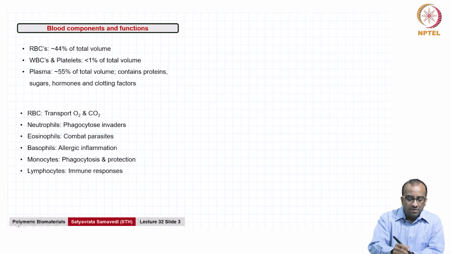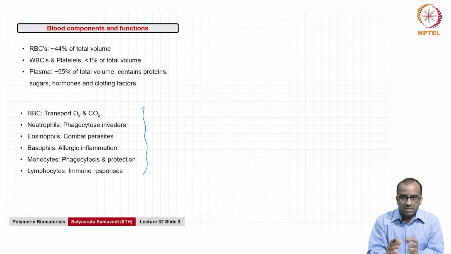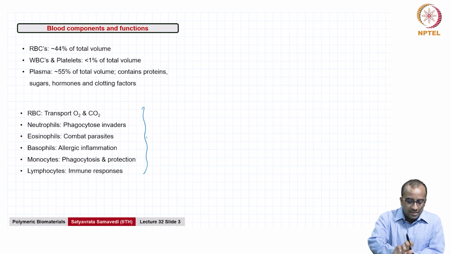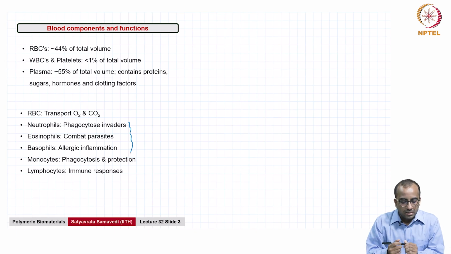Now, very briefly, these are some of the primary cell types found in blood and their key functions. Red blood cells, for example, are primarily involved in transport of gases apart from other functions, essentially transport of oxygen and carbon dioxide. These cell types, neutrophils, eosinophils and basophils, are all what are broadly called granulocytes.